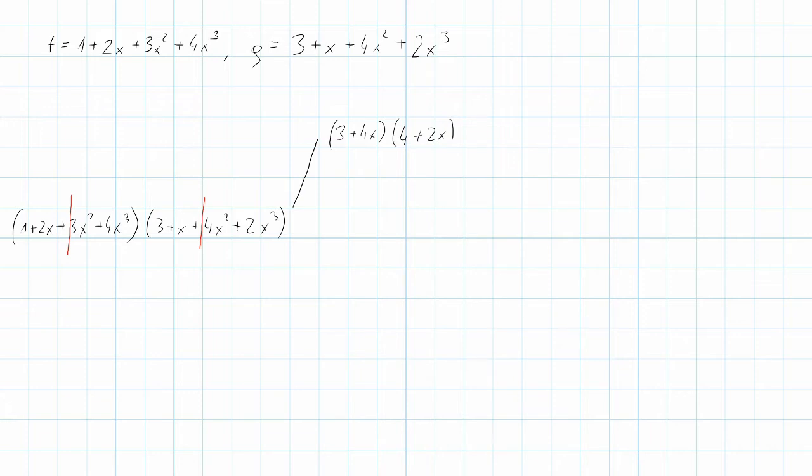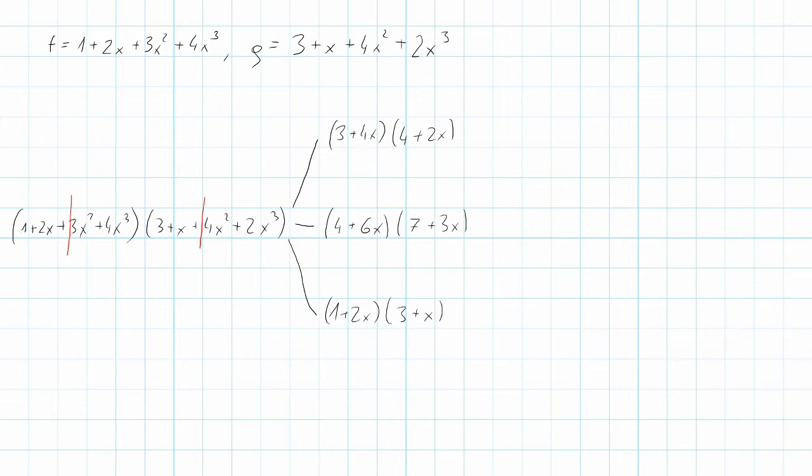This is the upper part. Now the sums of these two is 1 plus 3, 4, plus 2 plus 4, 6x, times 3 plus 4, 7, plus 1 plus 2, 3x. And now the lower parts, it will be 1 plus 2x times 3 plus x.